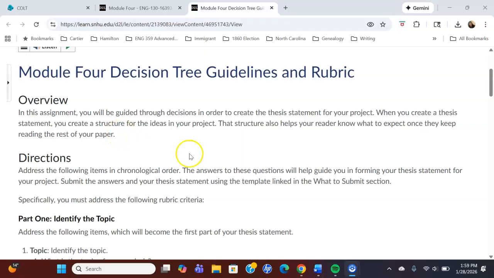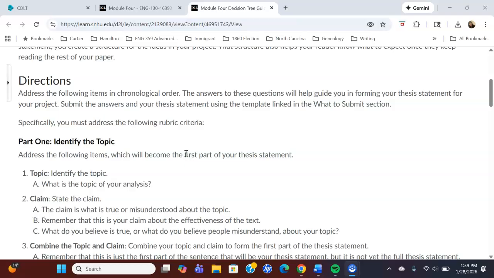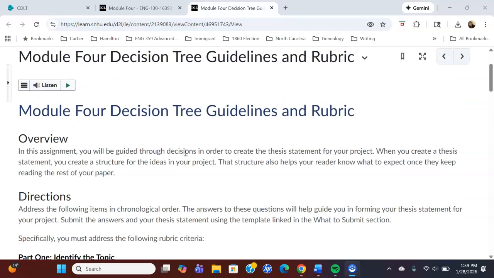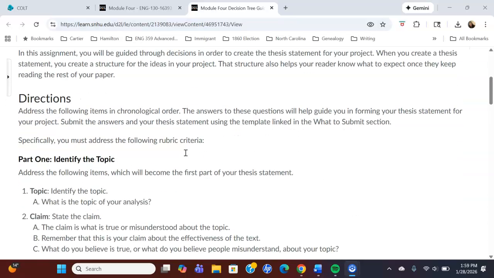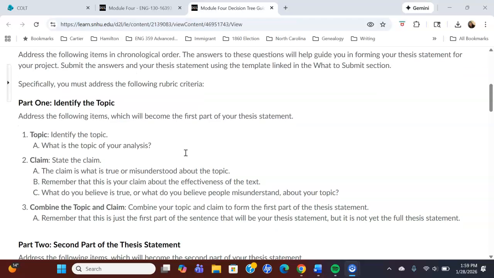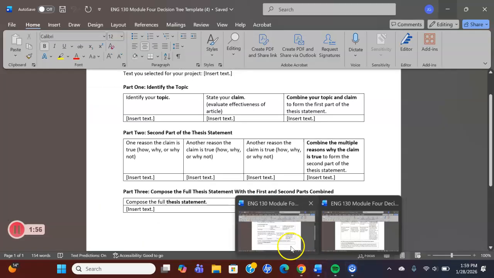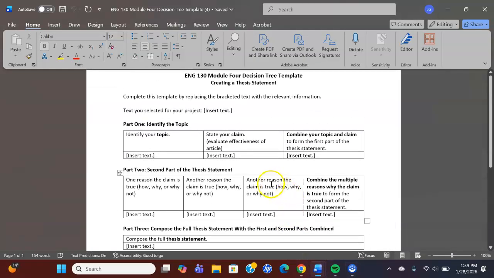Okay, so let's take a look here at the guidelines and rubric. So let me just pull up the template for you. Okay, and this is where you will fill out these tables to create your full thesis statement.